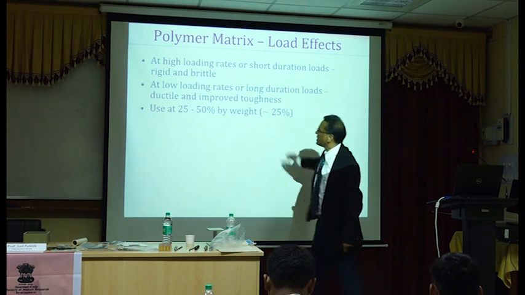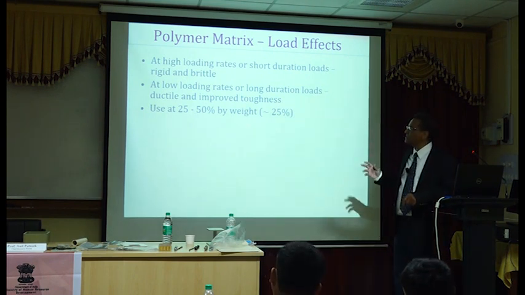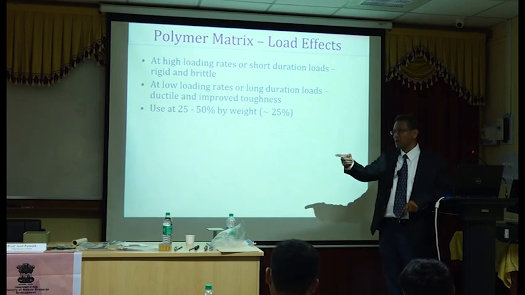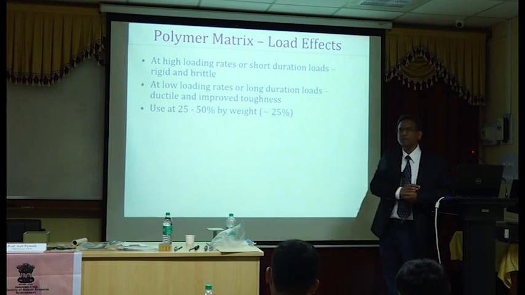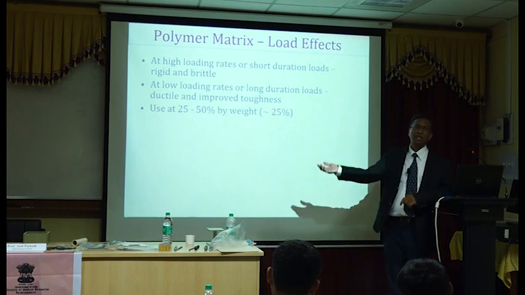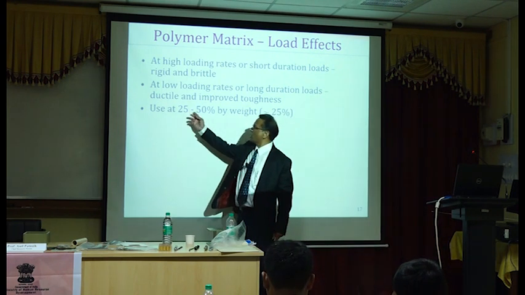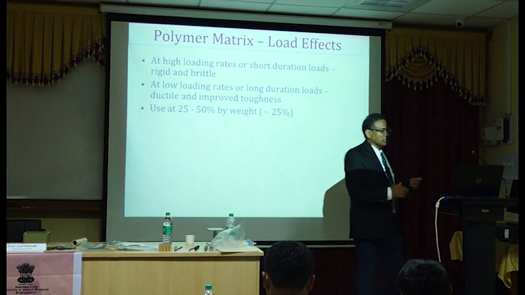Generally speaking, 25 is a little bit low, but you will see in a composite, at least the fiber FRP bars, they are using about 50 to 60% volume fraction of fiber. So the remaining is matrix. So this 25% is a little bit lower. Up to 50% is possible.